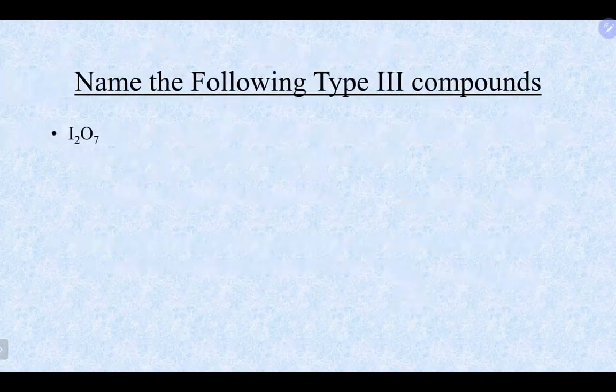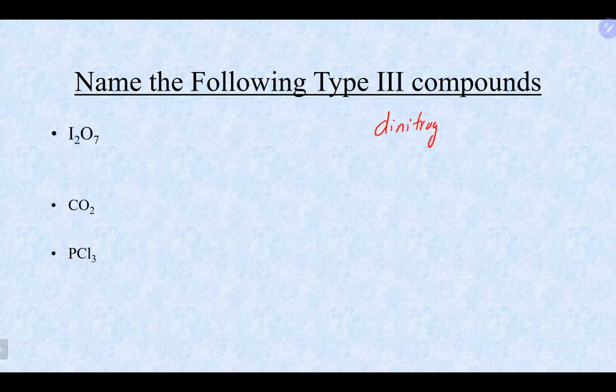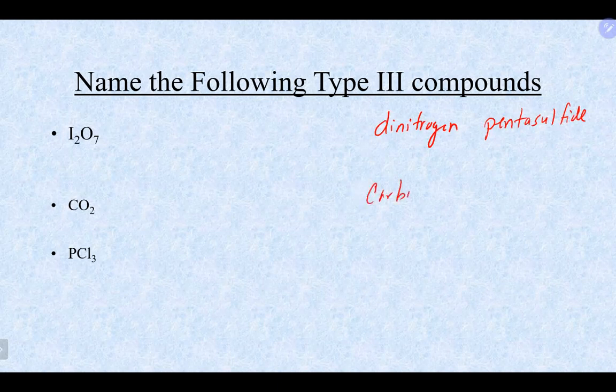All right, so let's try some here. For each of these, give the proper name, and let's do some names to formulas. So let's do dinitrogen pentasulfide. Let's do carbon tetrabromide.